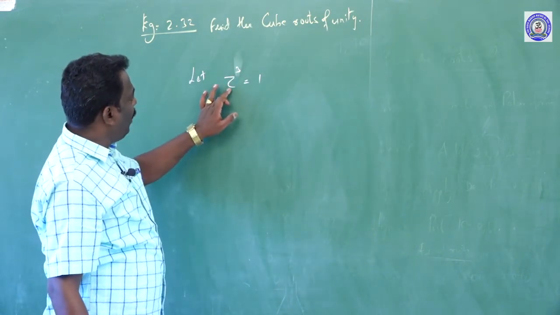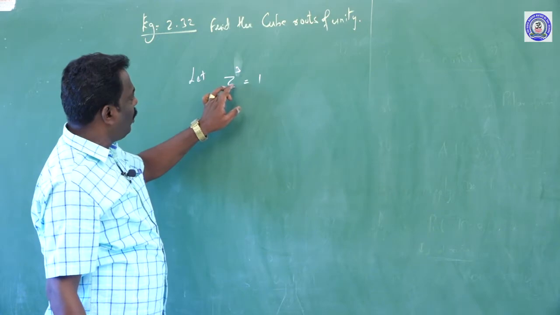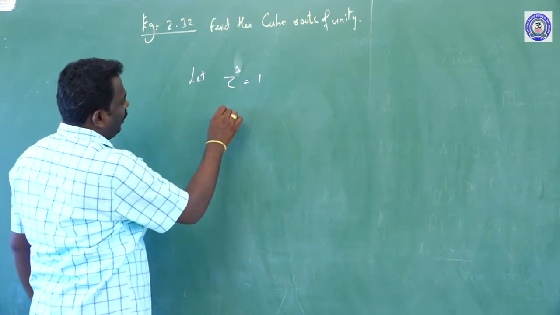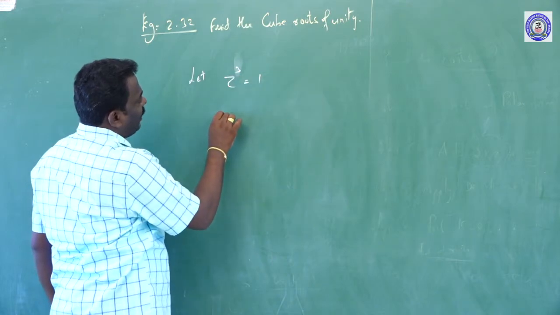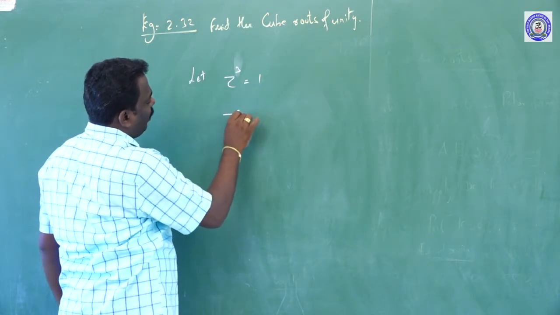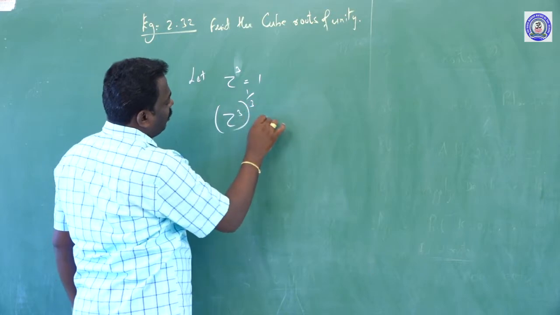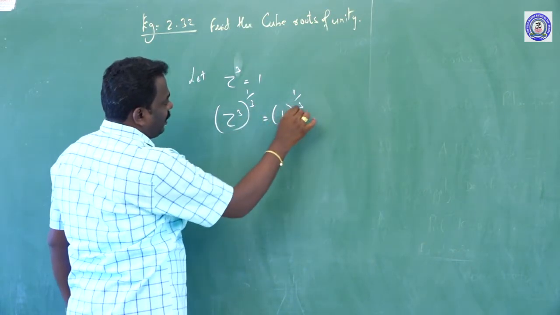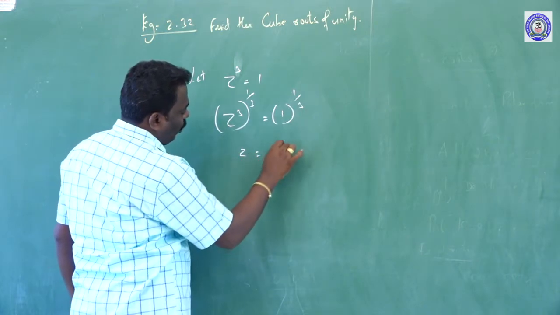The degree of the polynomial equals 3, z cubed equal to 1. To remove this power 3, raise the power 1 by 3 on both sides: z power 3 whole power 1 by 3 is equal to 1 power 1 by 3. Therefore the 3s cancel, so z is equal to 1 power 1 by 3.